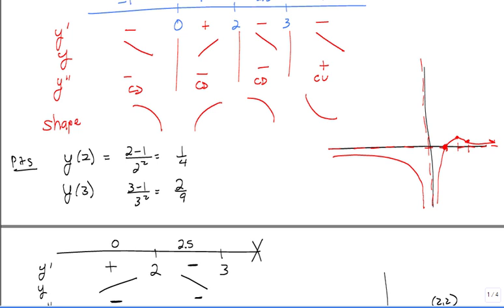That's an asymptote, so it follows it. Okay, so this is (1, 0), this is (2, 1/4), and this is (3, 2/9). Okay, so if you do all those steps on every single graph, you can't go wrong. You just have to be careful that you take your derivatives right.